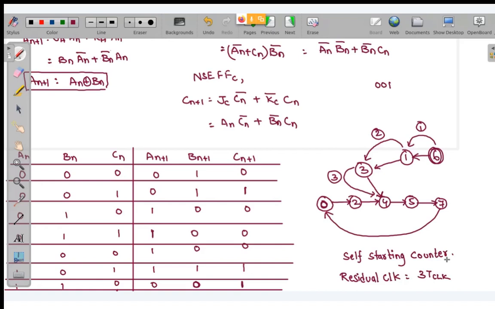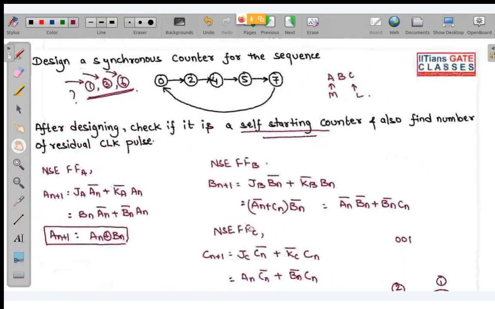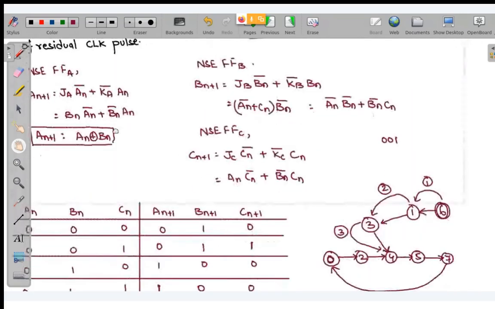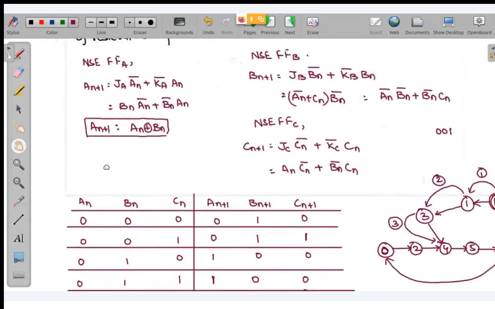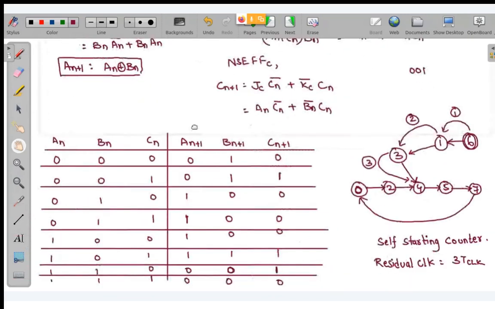Tell me if this concept is clear or not. What is a self-starting counter? What is residual clock pulse? Is this clear? So in the exam, they won't be asking you like this. They will give you one counter, they will draw one diagram, one synchronous counter, and they will ask you whether it is a self-starting counter or not. So you need to, by looking at the counter diagram, calculate all the next state equations. Then you have to construct the complete state table.